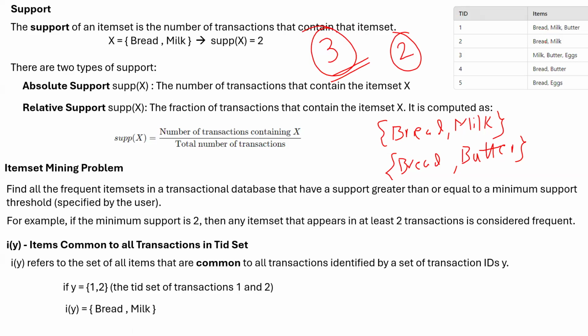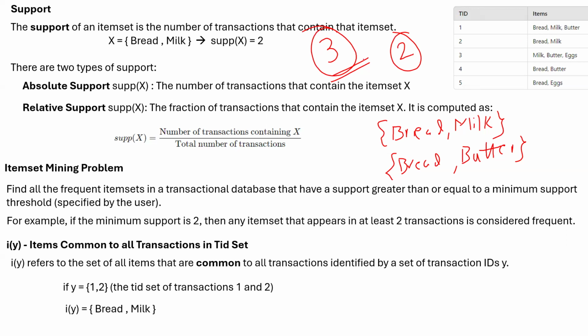If you take bread and milk, it has happened just twice, so that would not be a frequent item set. If you take milk and butter, it also happened twice. That would not be a frequent item set. Butter and eggs happened just once. So you don't have any item set satisfying that particular minimum support value.